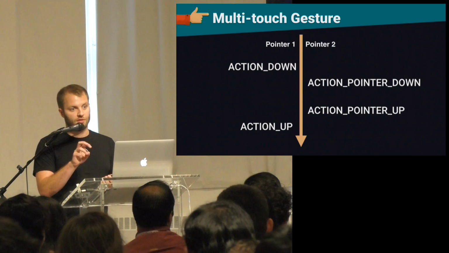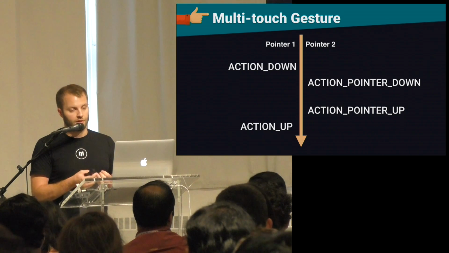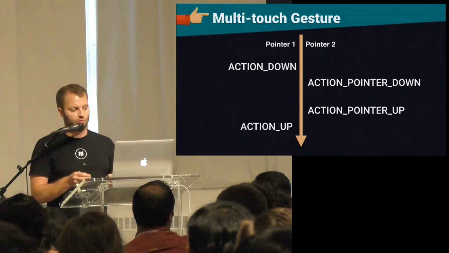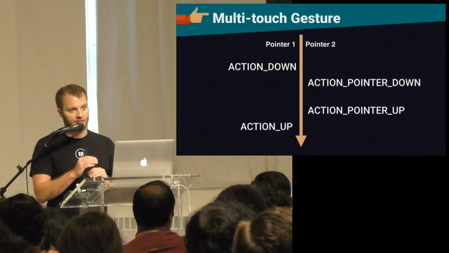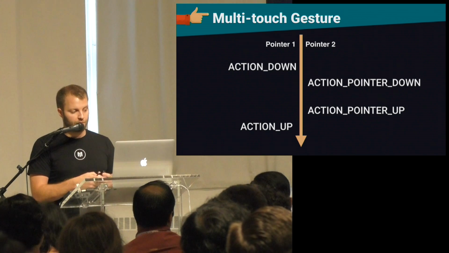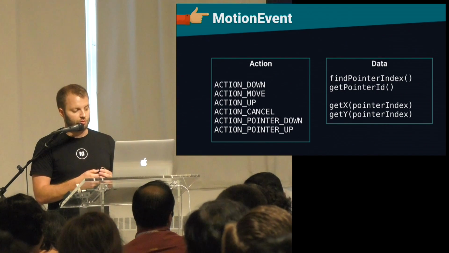And every time you lift a finger, there will be an ACTION_POINTER_UP. So the principle of touch targets still works: ACTION_DOWN, any number of moves, ACTION_POINTER_DOWN or UP, and finish with an UP. The only two new actions are pointer down and pointer up.